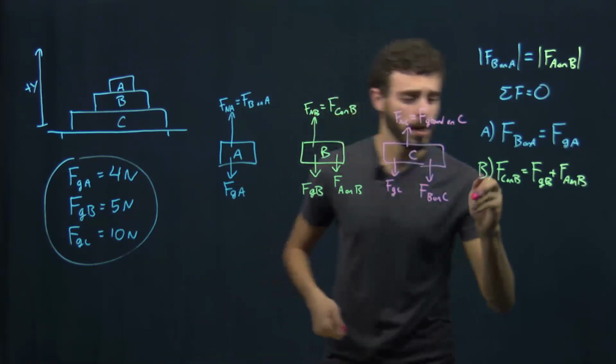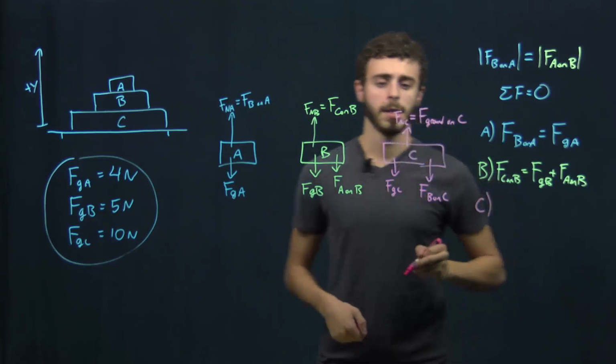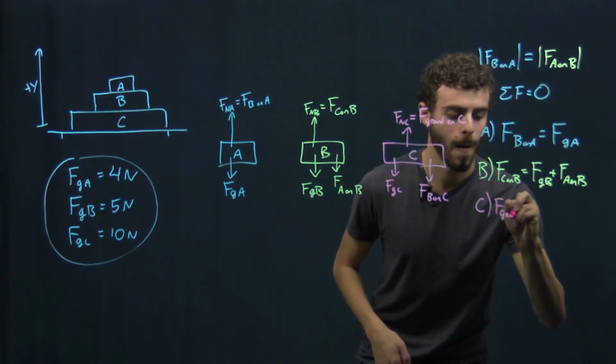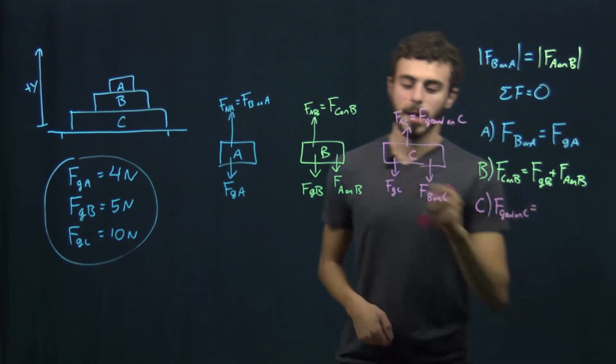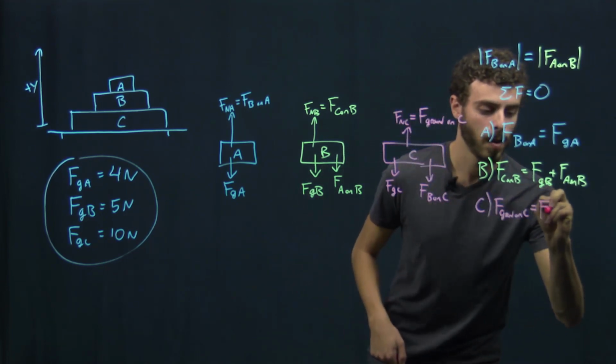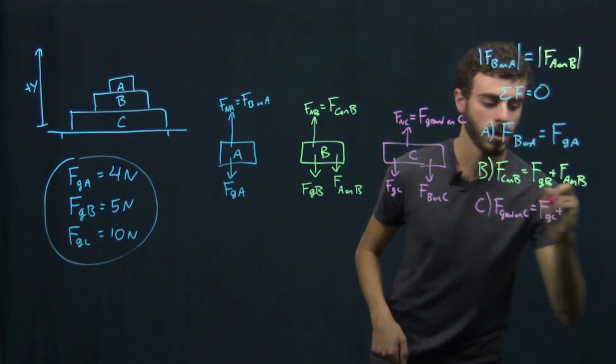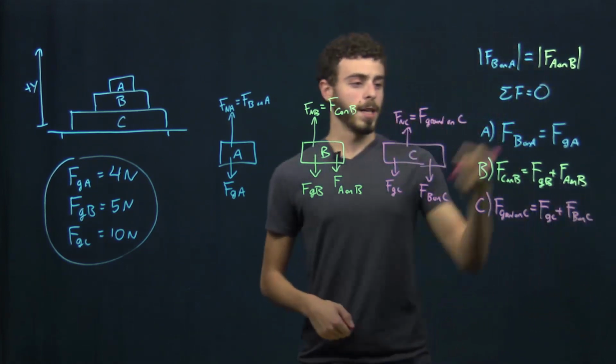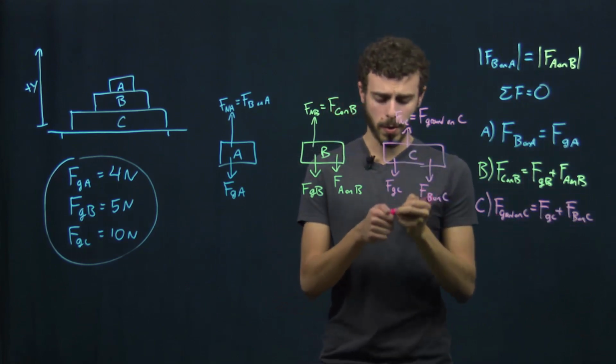We'll do the same thing now for block C. Here we have F of ground on C is equal to F of G on C plus F of B on C. Okay, so these are the three blocks, and these are our three equations.